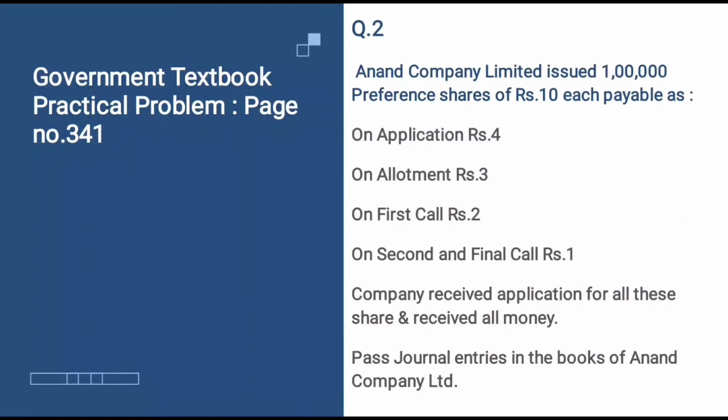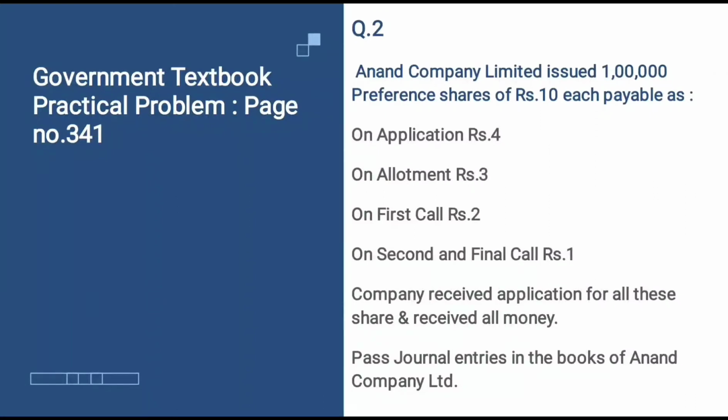Today we are going to solve question number 2 from government textbook, which is given on page number 341. Anand Company Limited issued 1 lakh preference share of rupees 10 each, payable as on application rupees 4, on allotment rupees 3, on first call rupees 2, on second and final call rupees 1.